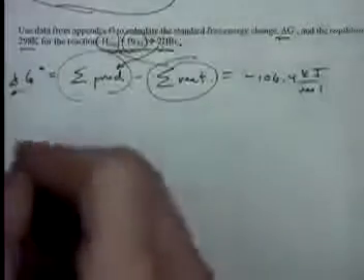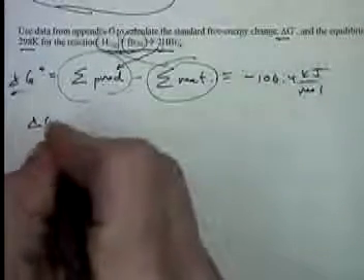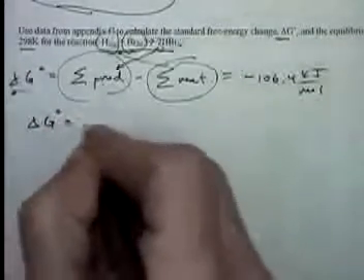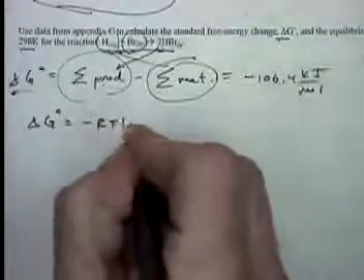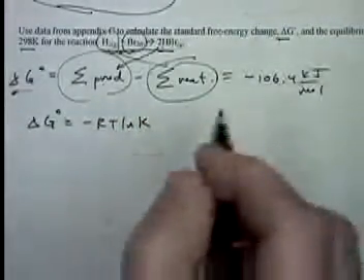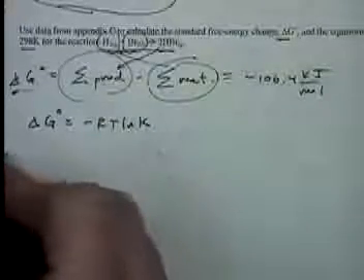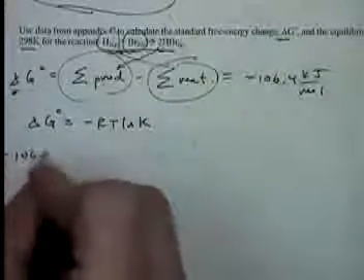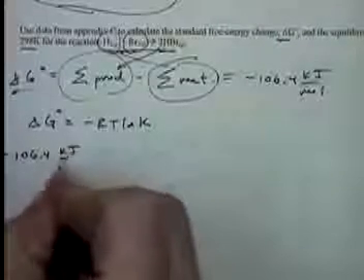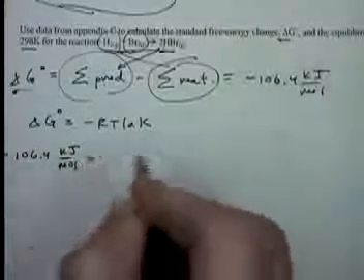Okay, then we can take our equation. Delta G at standard conditions is equal to negative RT natural log of K. And it's asking us to find the equilibrium constant. So we know that delta G is negative 106.4, and notice this is kilojoules per mole. We'll do it in kilojoules this time.